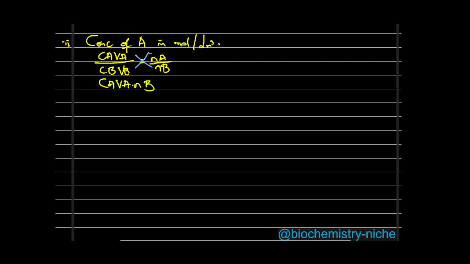CAVANB equals CBVBNA. So since we are looking for A, CA equals CBVBNA divided by VANB. From here we accept that our concentration of B is what we calculated earlier on.